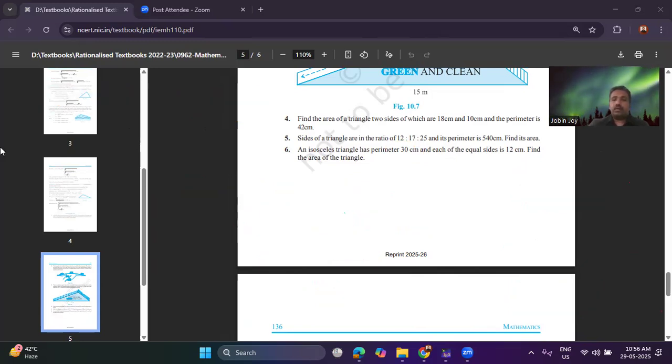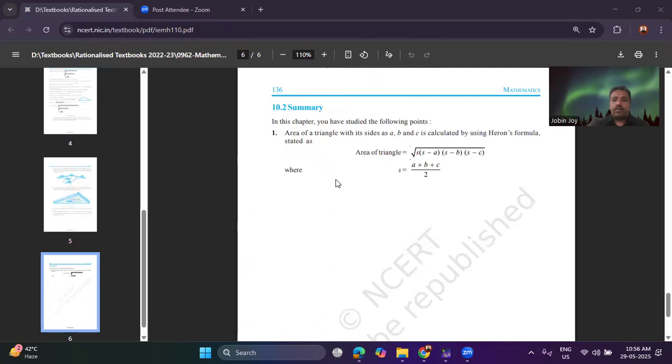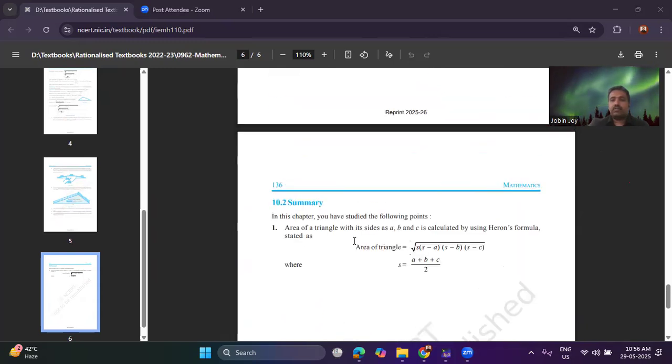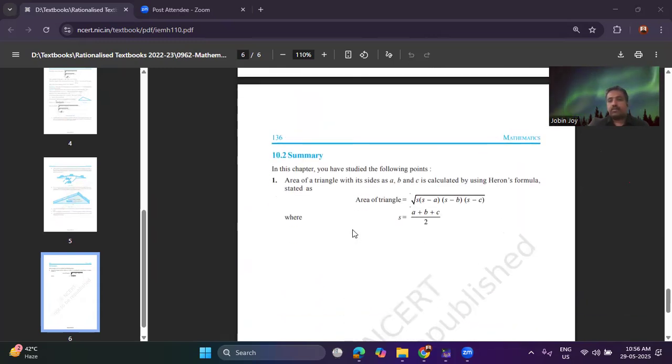So very simple chapter. Okay, so I'm going to conclude this chapter by summarizing what we studied. In this chapter, we studied how you can calculate the area of a triangle. We already know how to calculate the area of a triangle, half into base into height.